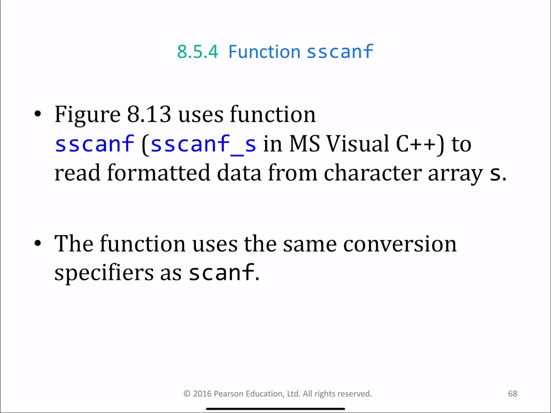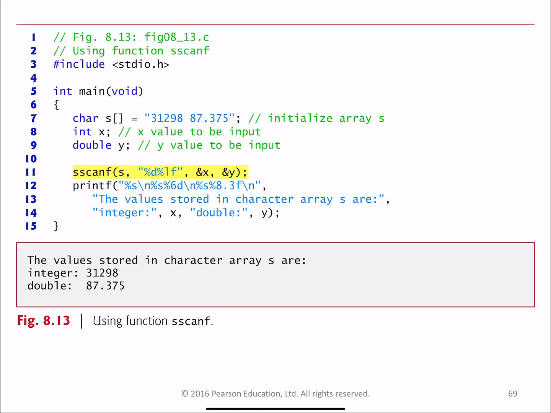The last one for now is the scanf function, and that too has a Visual Studio secure equivalent called scanf_s. Again, this one also uses conversion specifiers, the same ones we've been using all along. This program is similar to the previous example.